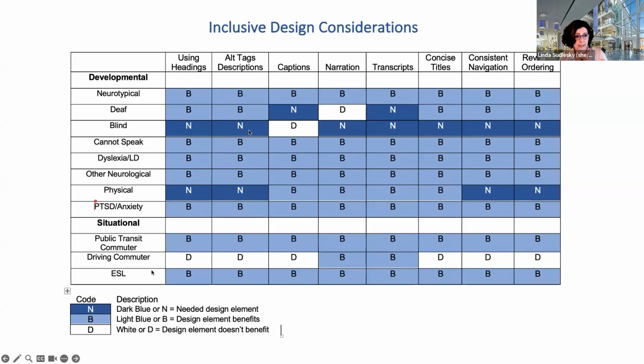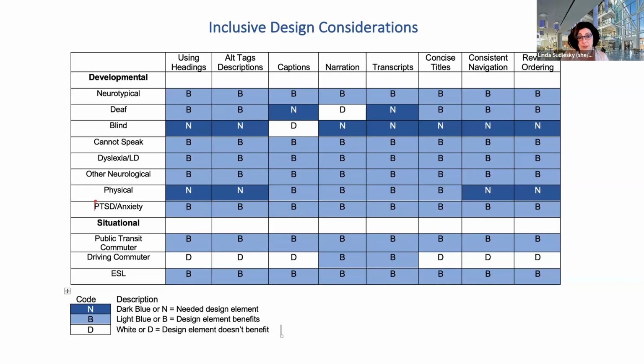That's in dark blue, and light blue design element benefits people and then doesn't benefit. And so there are very few cells that don't have any color at all and that don't benefit. So it's important to keep that in mind as we're going through some of the elements that we're going to talk about today.